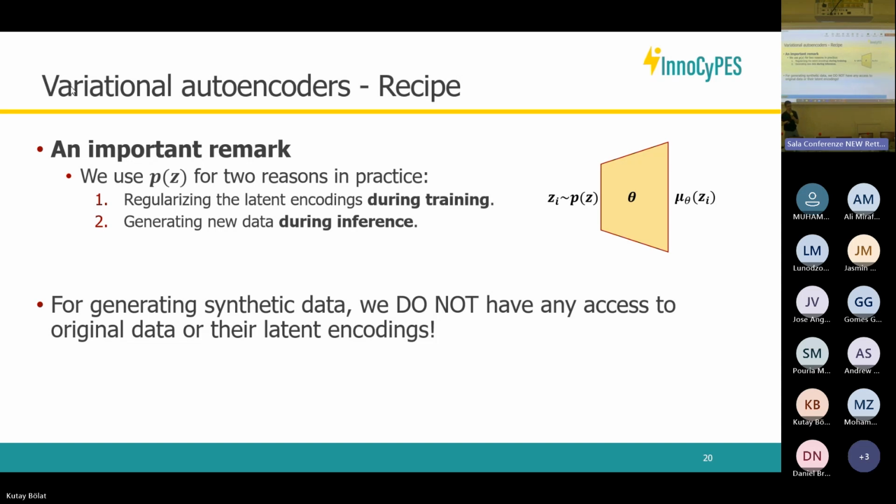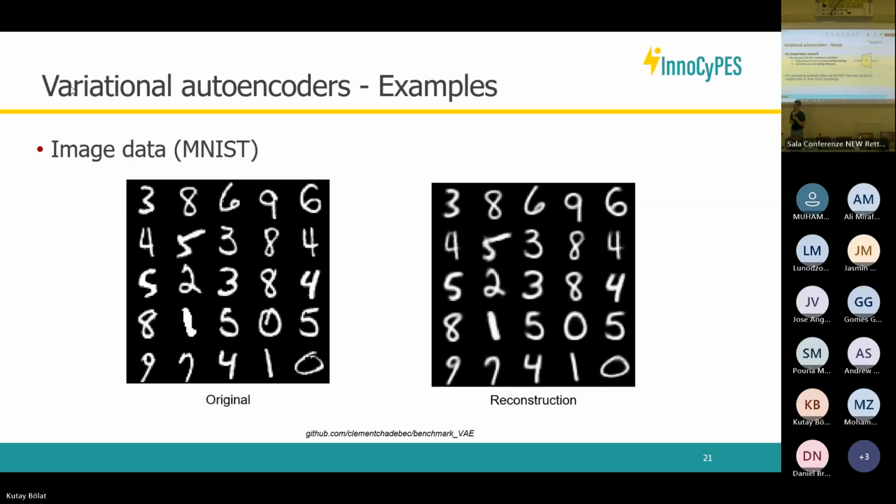So there's no approximate posterior. We only use the prior distribution for generating data because we don't have the actual data, of course, for their latent encodings for generation.